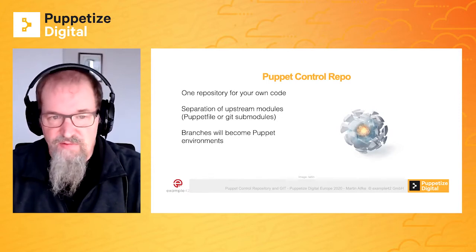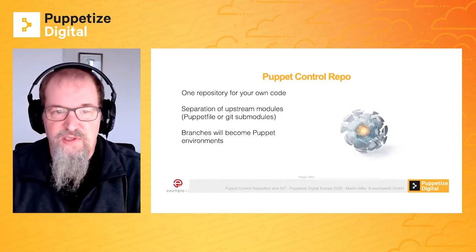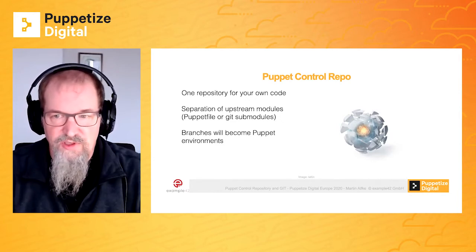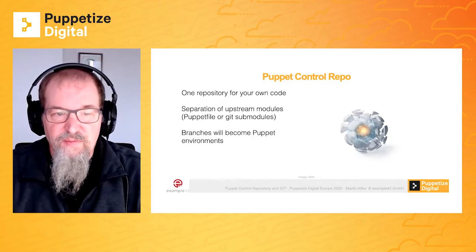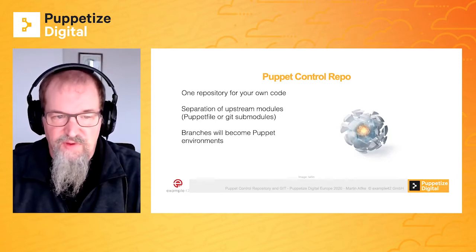And the benefit of this control repository is that you have a Git repository, and based on the branch names in this Git repository, you will receive Puppet environments.